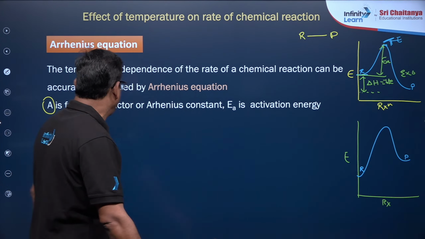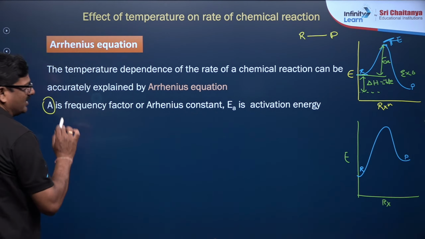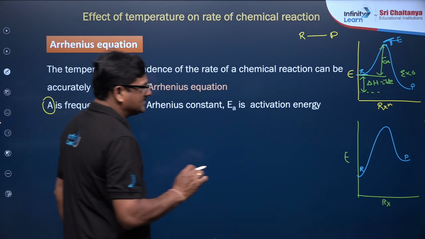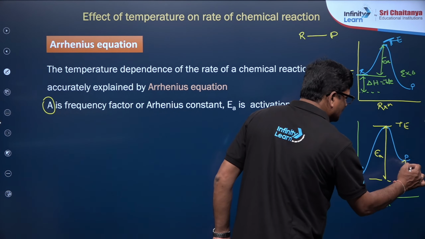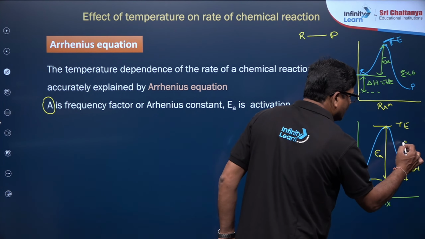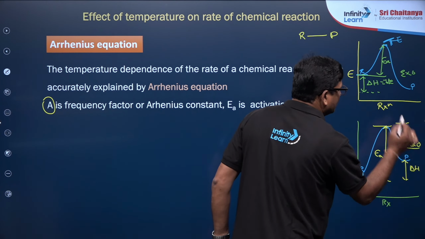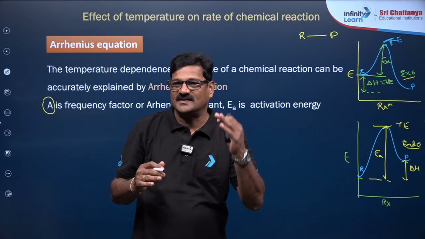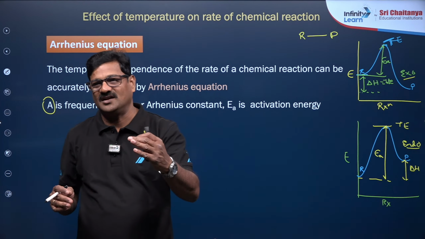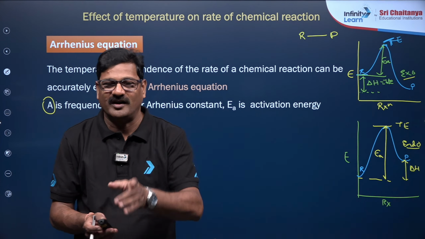This is going to be the activation energy. This is your threshold energy and this is the activation energy. And this is the enthalpy of reaction. This is an endothermic process. By looking at the graph, you can say whether the reaction is exothermic or endothermic.